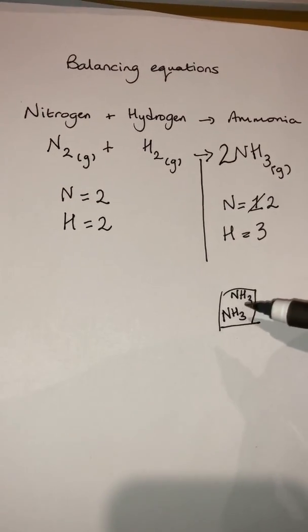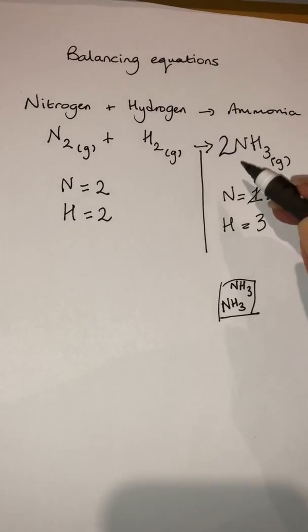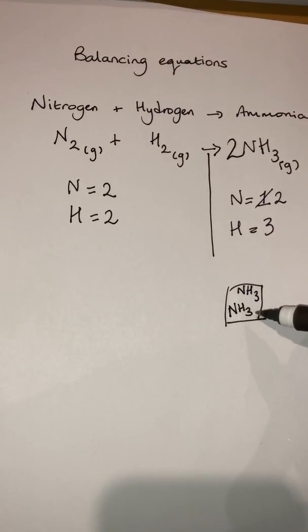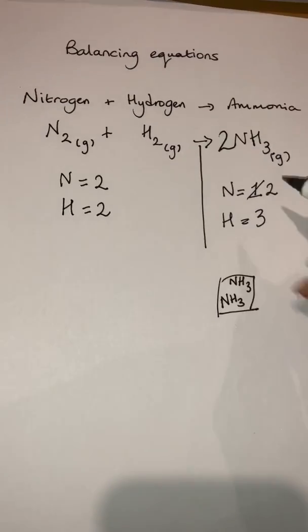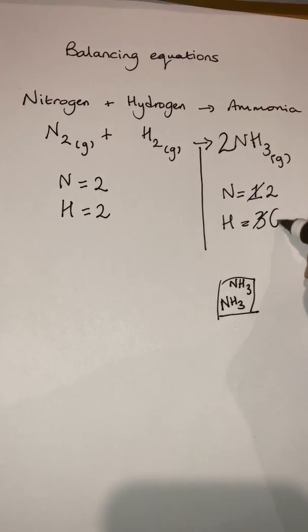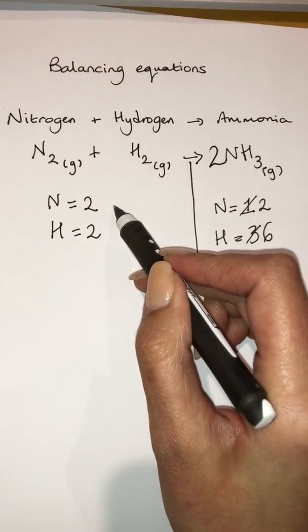Now I've also doubled the number of hydrogens, so you can't leave that number as a 3 anymore, so you've doubled it. Now you can easily just count from there, it's 6 hydrogens in total, or just do 2 times 3, which is 6.